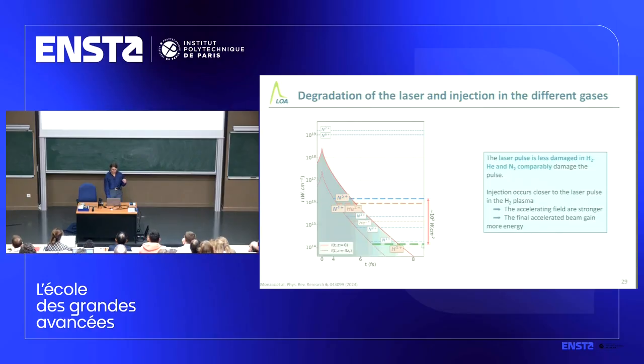You see that hydrogen is ionized really in the pedestal of the laser, so it will barely affect the laser pulse. But helium and nitrogen will be fully ionized quite close to the laser peak intensity, especially for helium, the second level is really close to the fourth and fifth level of nitrogen. And thus, this will have a more intense impact on the laser pulse, and this explains why we have similar results in helium and nitrogen.